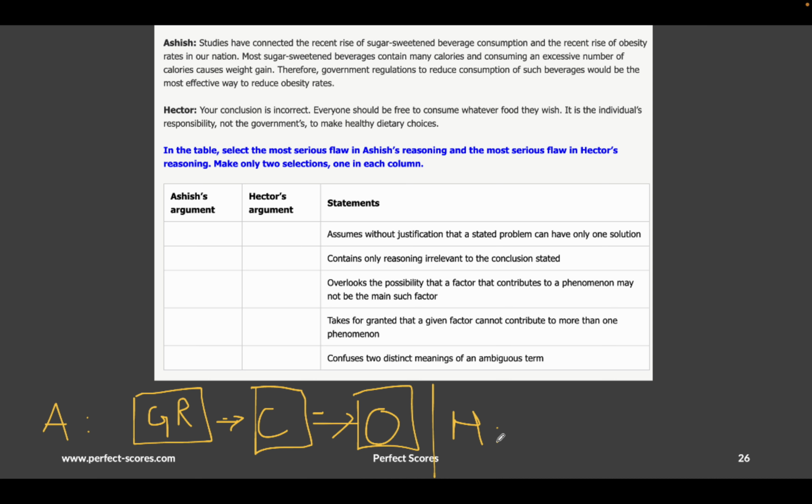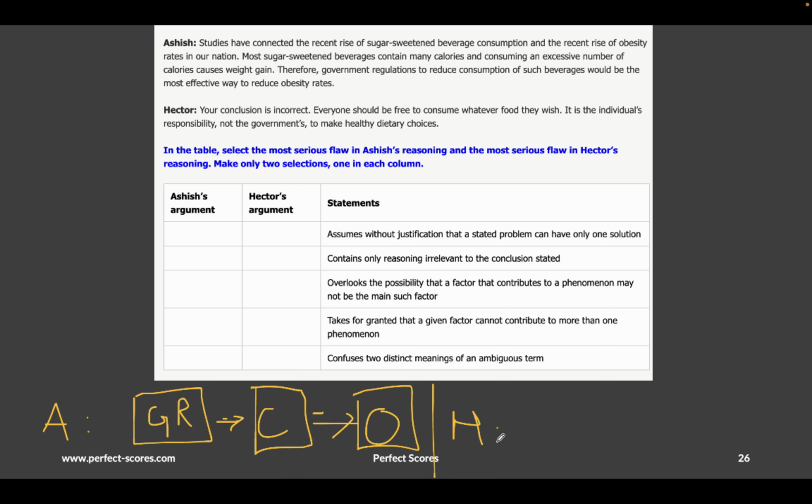So it says there is a serious flaw in each reasoning. What is the serious flaw? What is the flaw in Ashish's reasoning? In Ashish's reasoning, the flaw is that he believes it is just the government regulations which will influence consumption most.